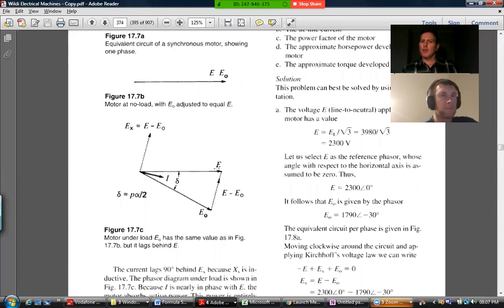So this one is the E that's provided by the grid. It's feeding into the stator. This one is the E naught that is also generated in the stator, induced by the rotor current as it sweeps past the poles. But again, it's that difference that actually causes current to flow in that stator.